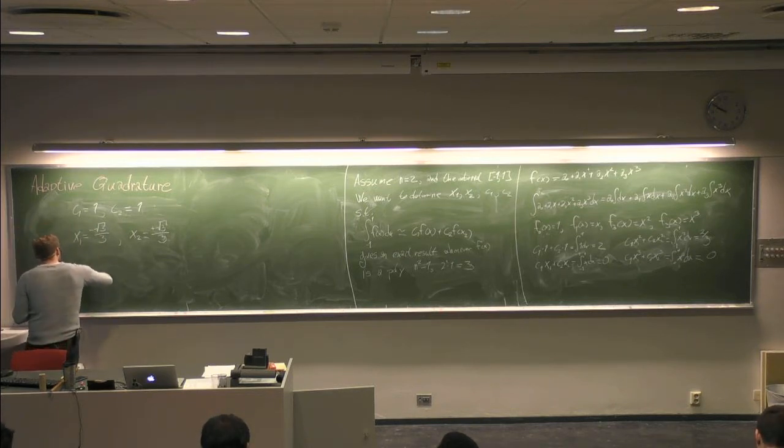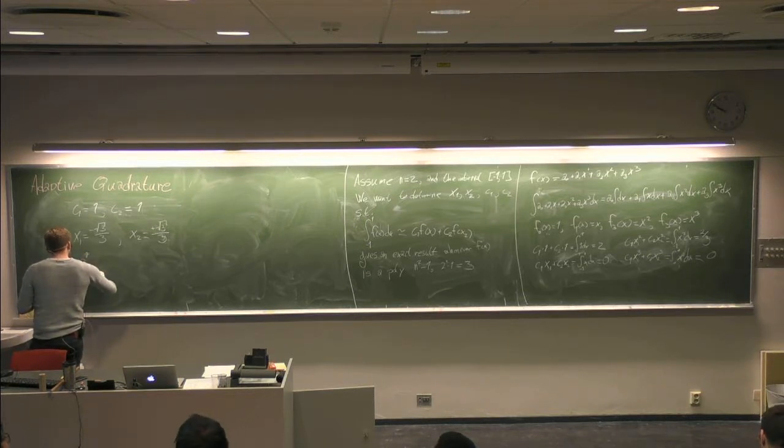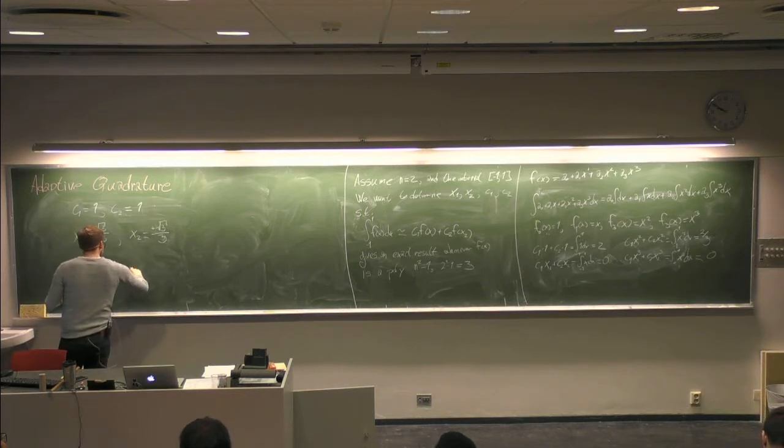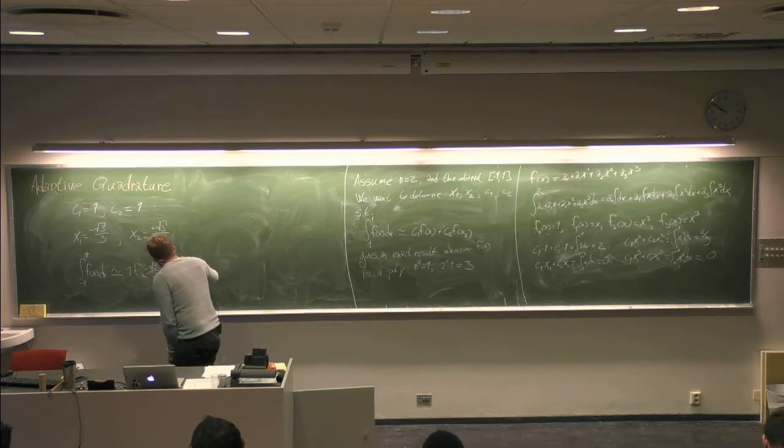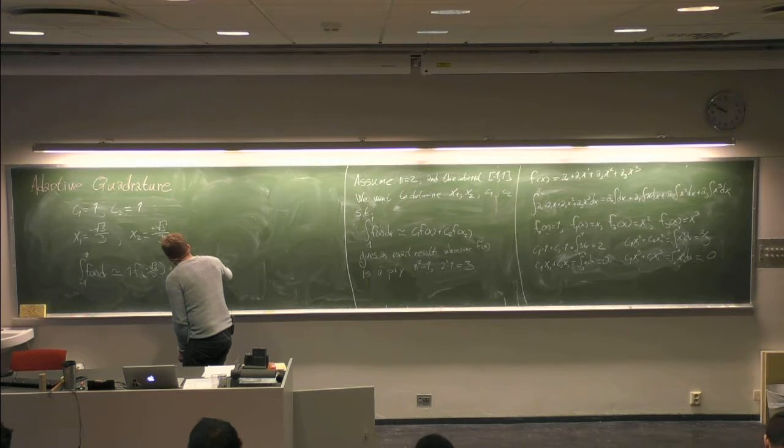So then we have, in this case, Gaussian quadrature: the integral from -1 to 1 of f(x) dx is approximately equal to 1 times the function evaluated at the point minus square root of 3 over 3, plus 1 times the function evaluated at plus square root of 3 over 3.